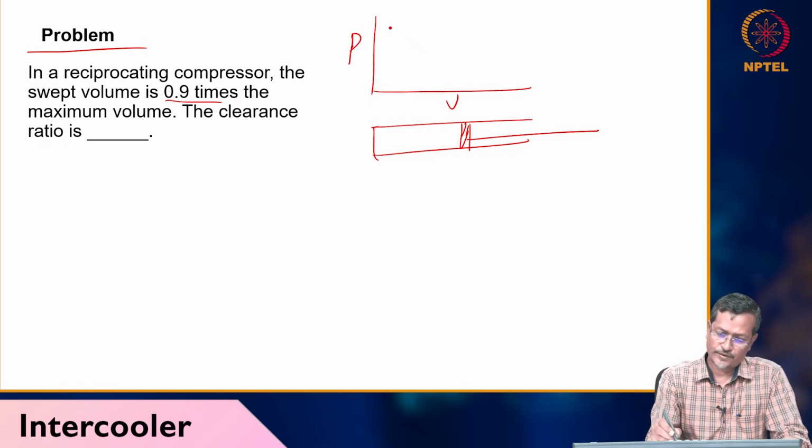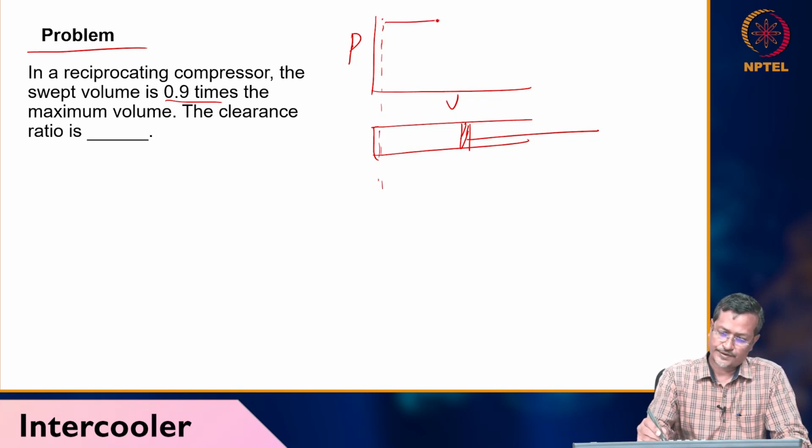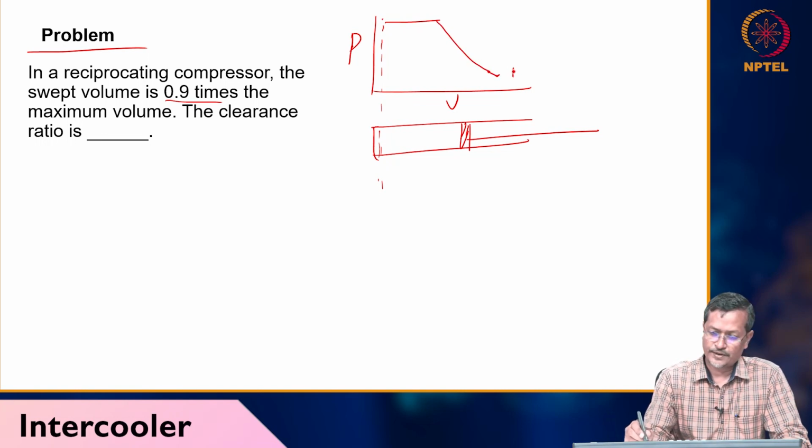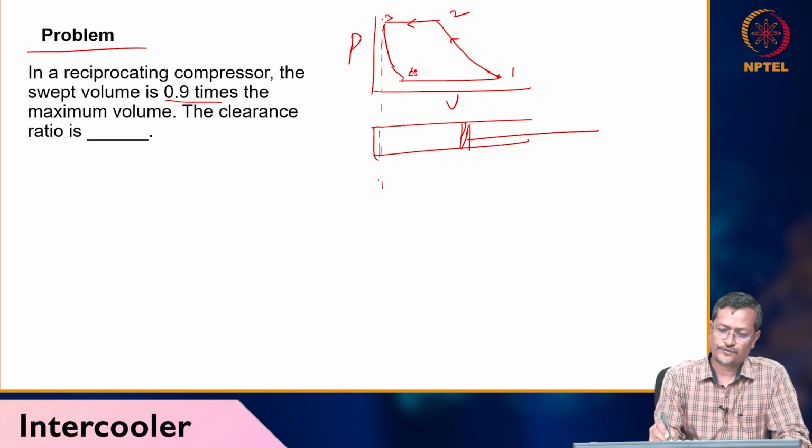Now I have clearance volume actually. Initially you have point 1, then you reach point 2, then 3, then from 3 expansion will be happening, then suction will be happening, so 3 to 4.